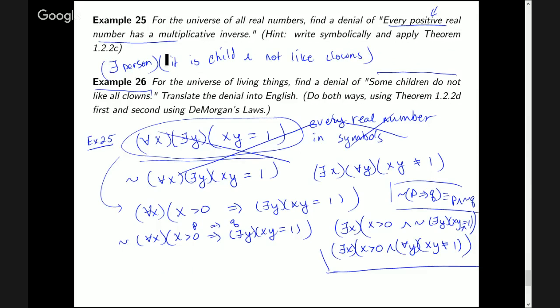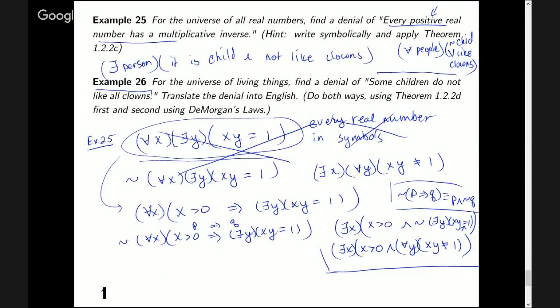So if you negate this one, then for all people, it is not a child, or likes clowns. I used De Morgan's laws on that.